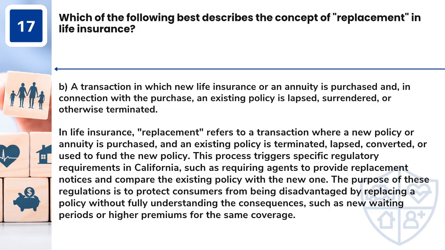This process triggers specific regulatory requirements in California, such as requiring agents to provide replacement notices and compare the existing policy with the new one. The purpose of these regulations is to protect consumers from being disadvantaged by replacing a policy without fully understanding the consequences, such as new waiting periods or higher premiums for the same coverage.